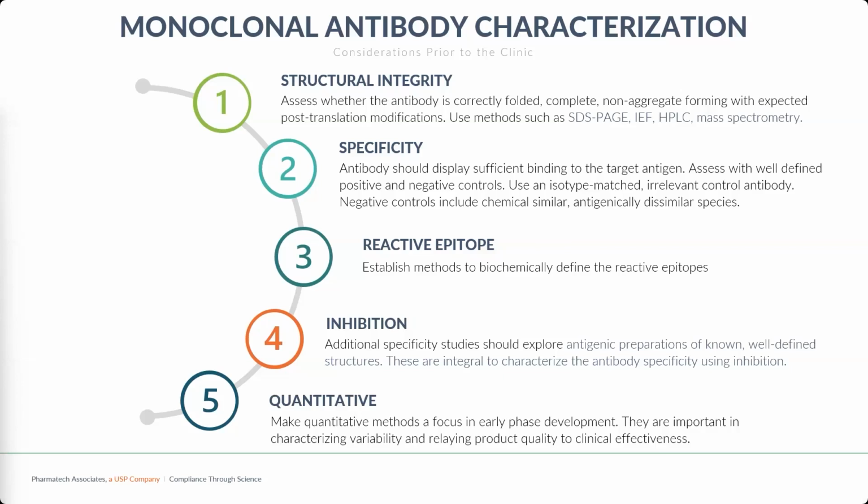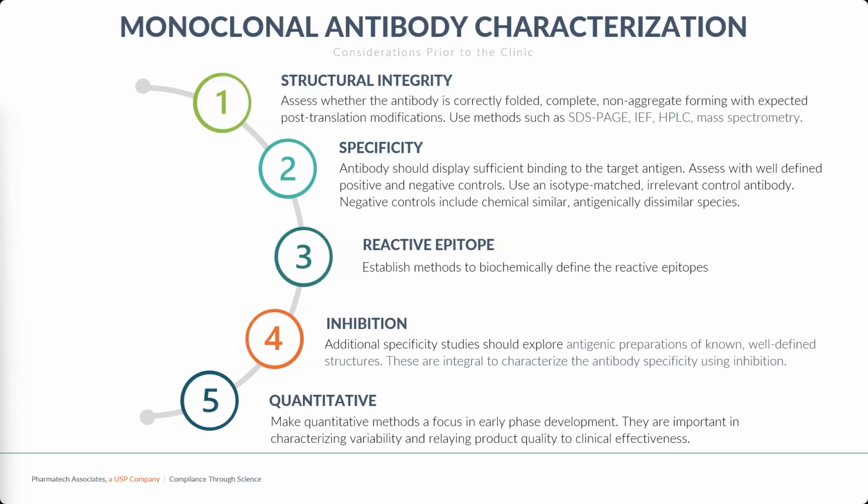In the sense that you think about the antibody structure, not only from its primary sequence at the amino acid level, but its post-translational modifications. So if you're attaching carbohydrates to it or other structural variations. The other element here is that not only does it have the right sequence, but does it correctly fold, in the sense that does it have that secondary and tertiary structure that's required for function?